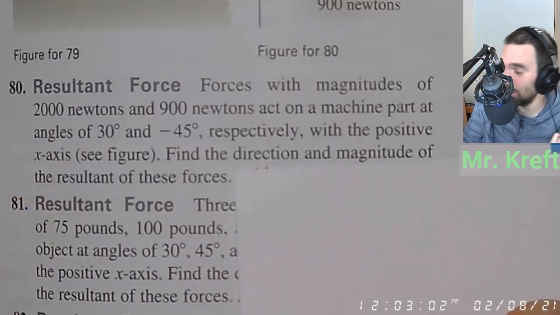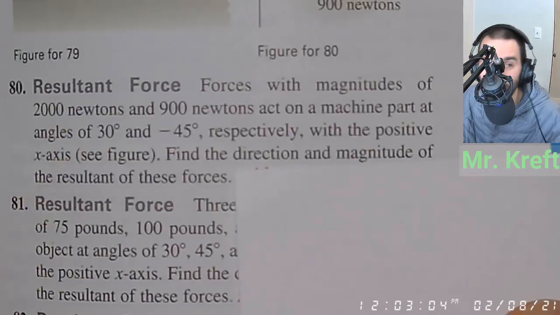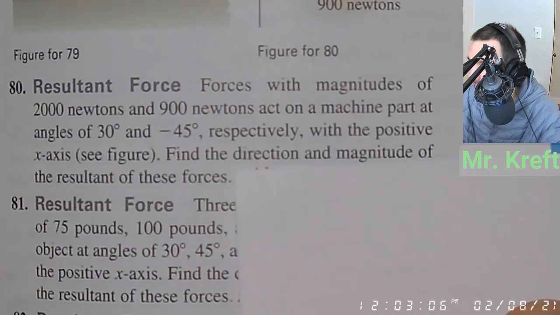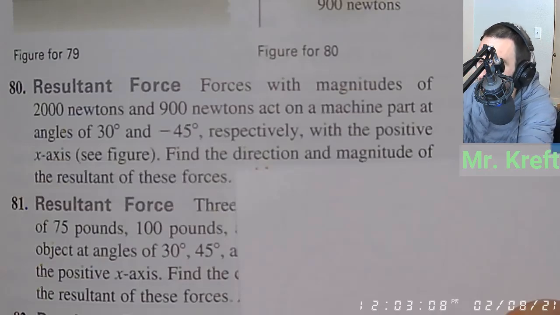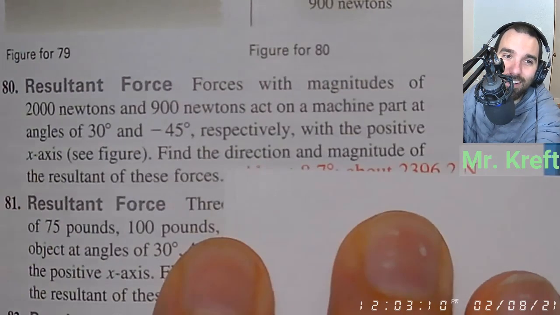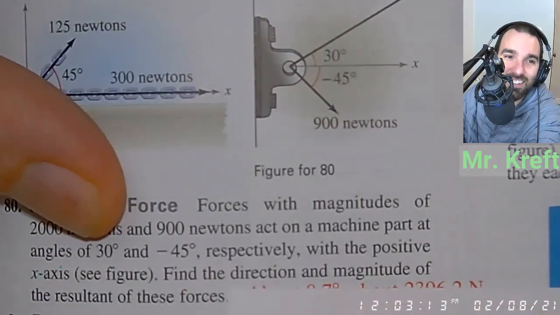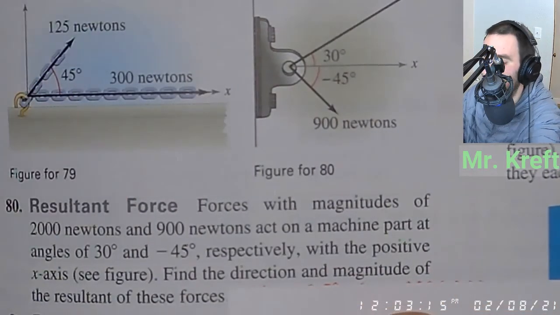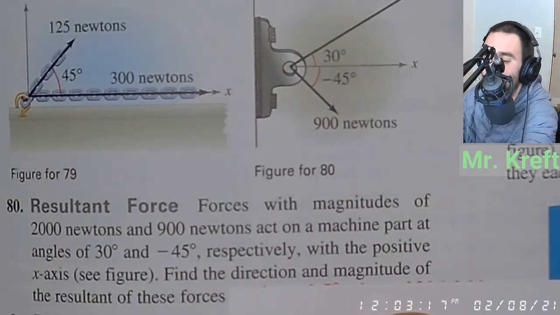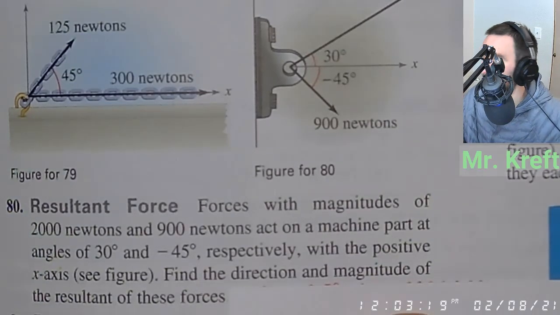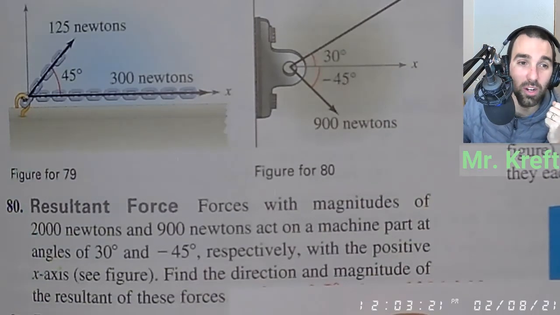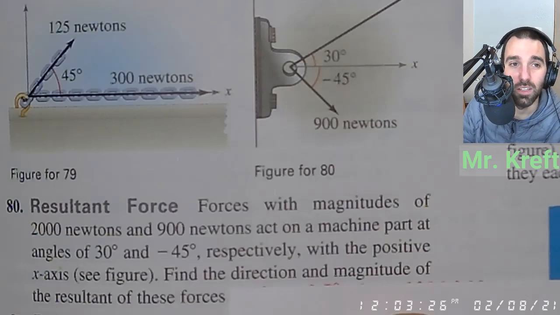Find the direction and magnitude of the resultant of these forces. Okay. So let's just do a little word problem together. So if you guys wanted a picture and you're like, crap, it says there's a picture. I forgot there was a picture. There we go. Okay. So all it's asking you to do is, this is a basic physics problem.